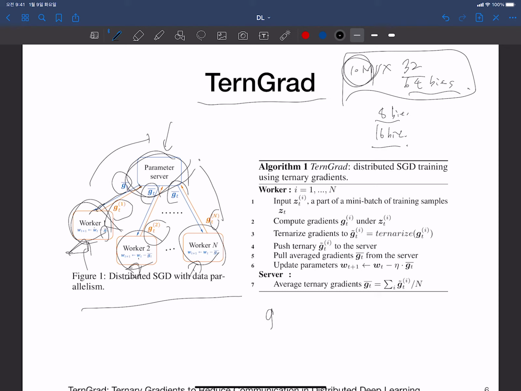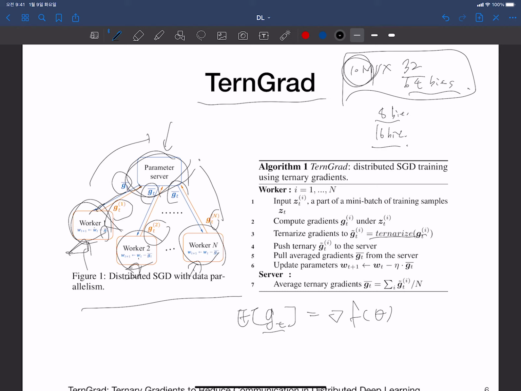The expectation of the gradient equals the gradient of the full loss function.